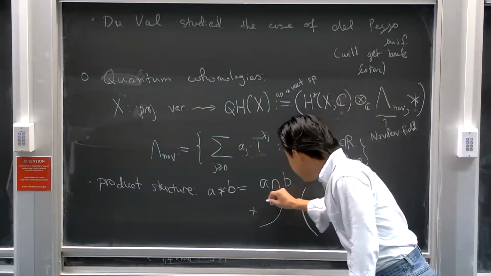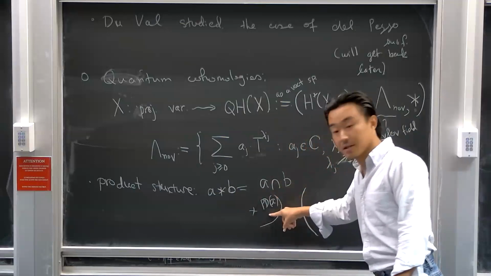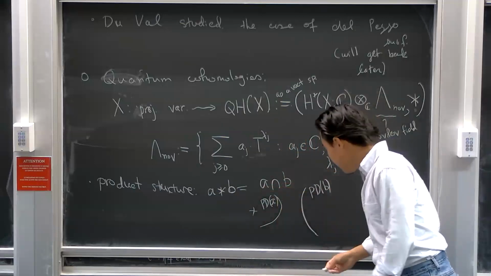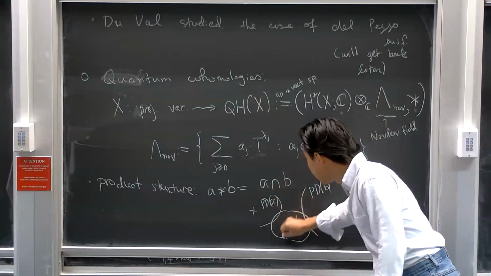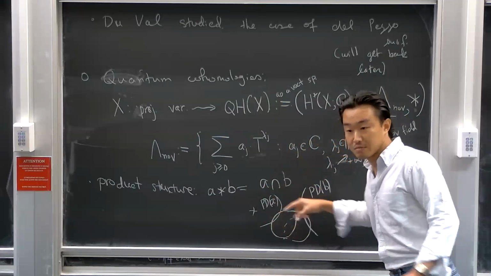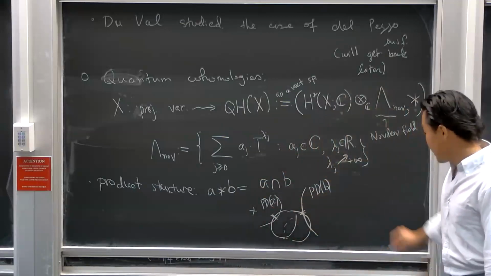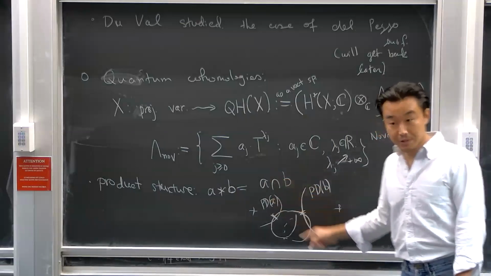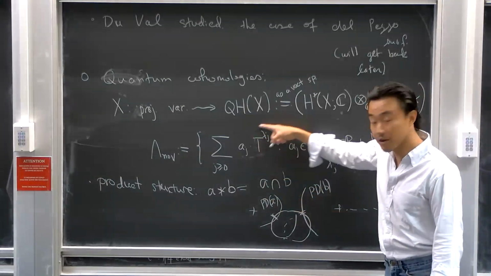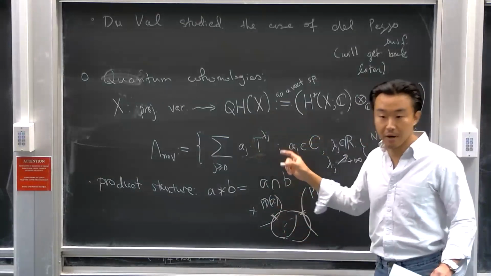So this picture is a homology class representing the Poincare dual of A, Poincare dual of B here, and then you keep track of all the spheres lying in between, intersecting these guys. So it's more complicated than the usual intersection product. And this formal variable is here sort of to keep track of the area of the sphere.